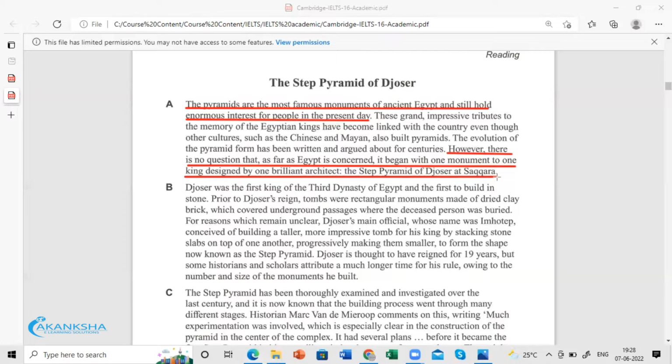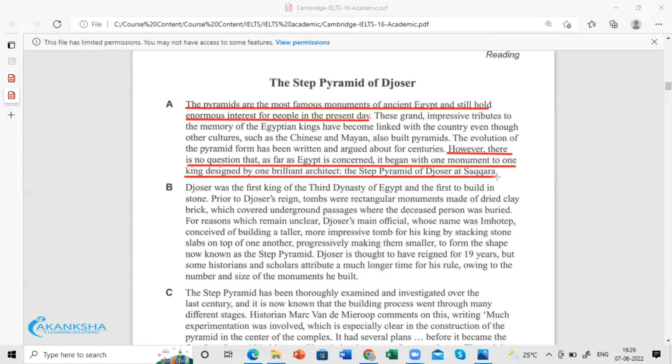Now let's see the first sentence, what they talk about. The pyramids are the most famous monuments of ancient Egypt and still hold enormous interest of people in the present day. Means they were famous and now also they are famous.